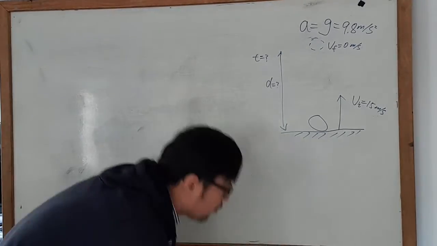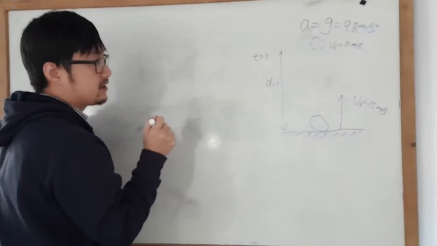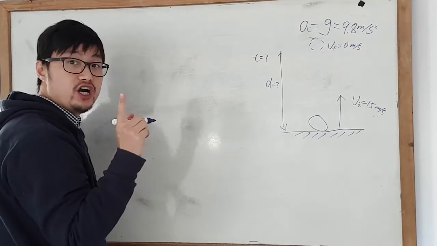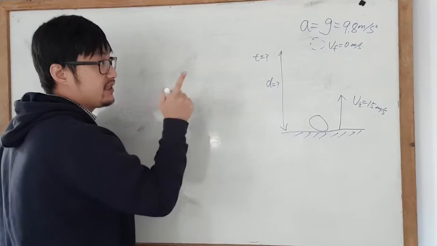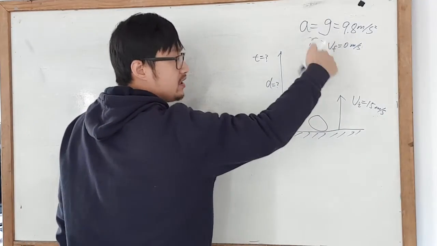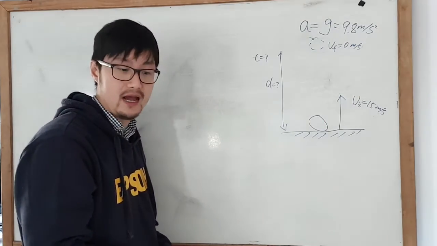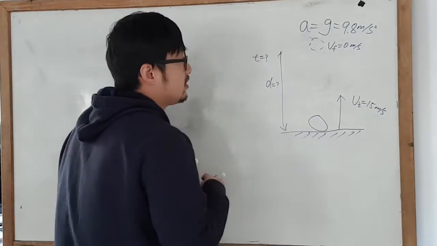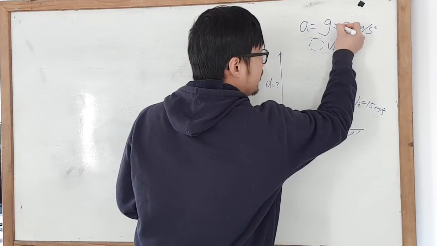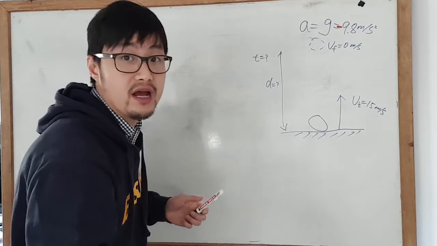We also know the acceleration, but here it is actually a deceleration, because when the ball is going up, the acceleration is going downward, trying to slow it down. So it's very important to put a negative sign on the 9.8. If I don't put negative 9.8, I'm going to be wrong.